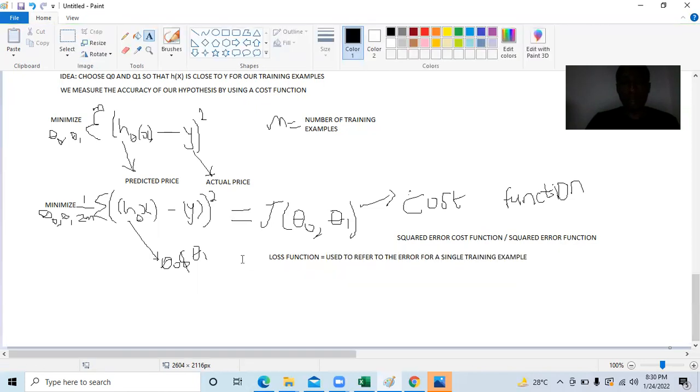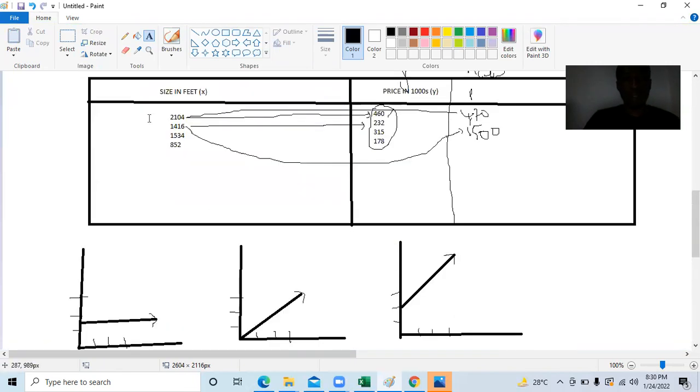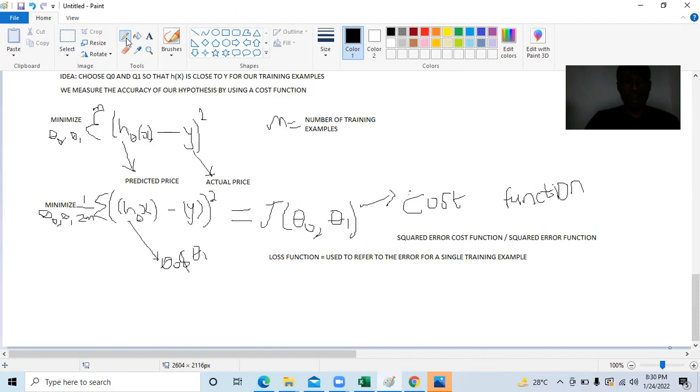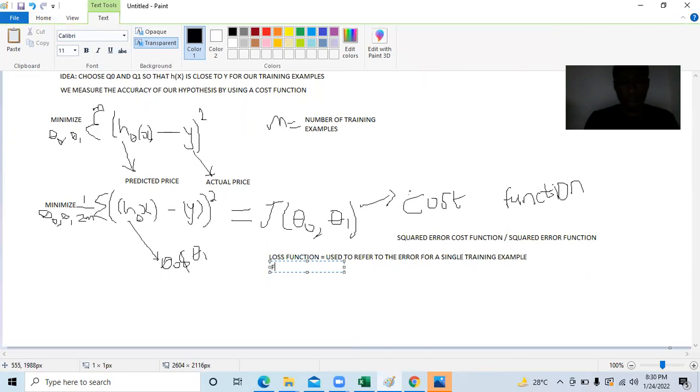So if we find the error for just this training example, then we found our loss function. But if we find the error for all the training examples, then we found our cost function.